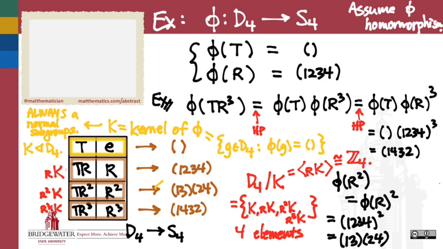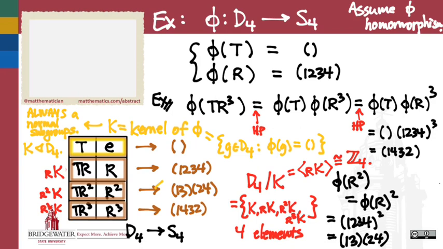If I want to understand the group D4, this homomorphism can help me to do it. By figuring out the kernel of this homomorphism, I get a normal subgroup. And then I can figure out that that normal subgroup has cosets, and this group of its cosets is isomorphic to Z4. And by the way, what group is this subgroup isomorphic to?